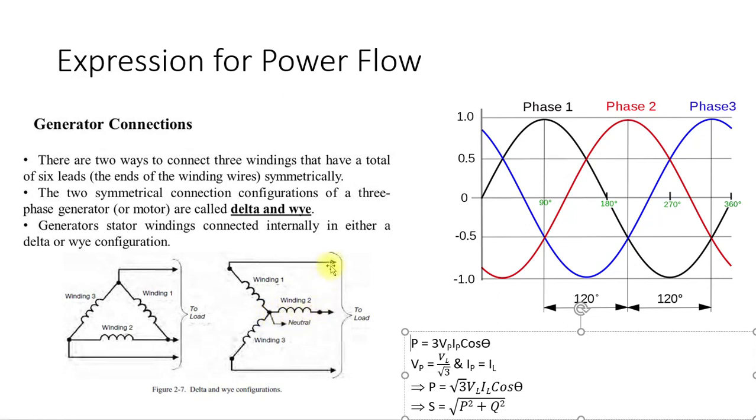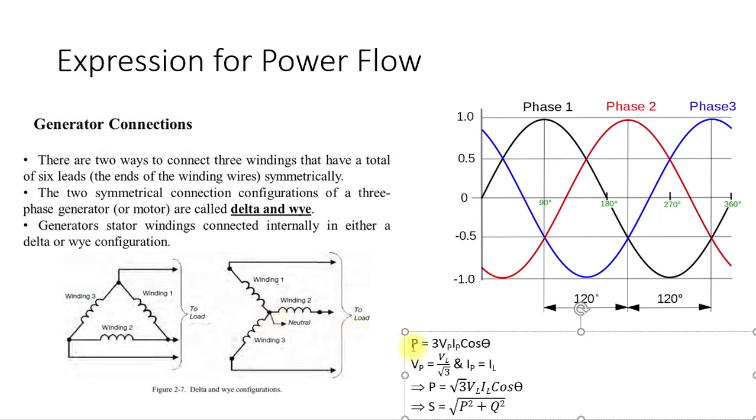The voltage from the first phase to the other phase is known as VL, the line to line voltage, or line to line current. Similarly, the voltage from a phase to the neutral point is known as VP, the phase voltage.